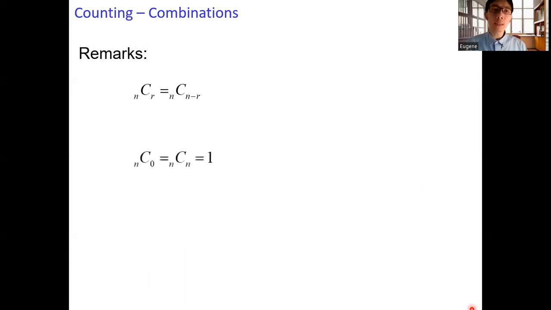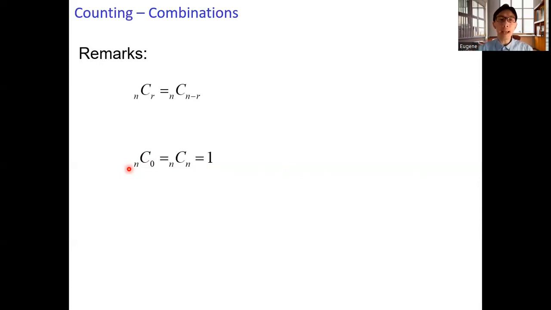And then some properties. nC0 is equal to nCn equals 1. What does nC0 refer to? We select 0 elements out of n elements, and we can only have one way of choosing it. This one way is not choosing anything. So we have nC0.